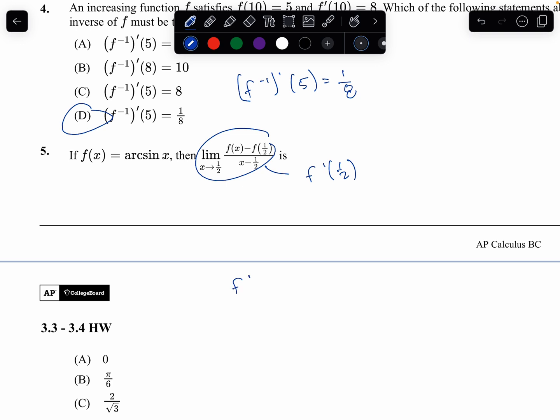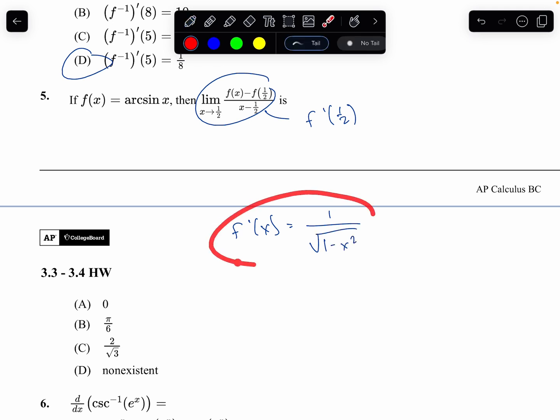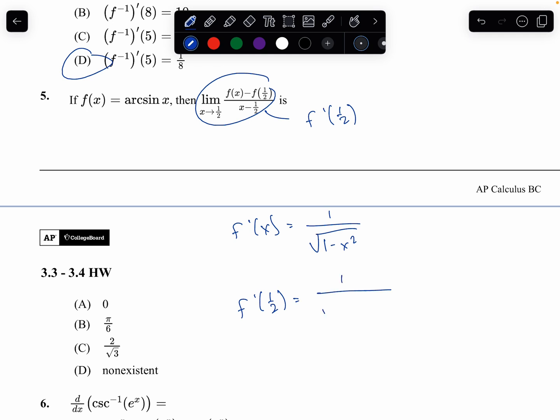So f prime of x is going to be equal to, well, the derivative of arc sine is 1 over the square root of 1 minus x squared. I think that's right. And then we want to find f prime of 1/2. So f prime of 1/2 is equal to 1 over the square root of 1 minus 1/2 squared.